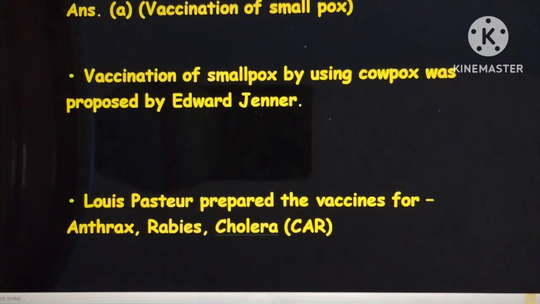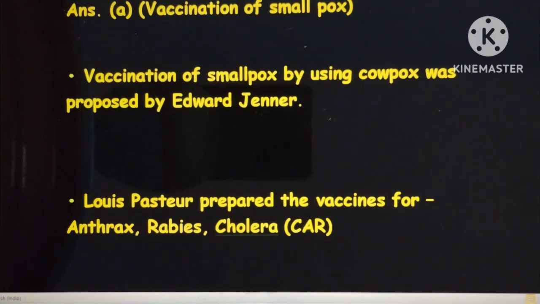He proposed 3 processes ending in TION: fermentation, sterilization and pasteurization. And 2 theories. So what I told is 3, 2, 1, right? Again, 3 vaccines: cholera vaccine, anthrax vaccine and rabies vaccine he discovered.